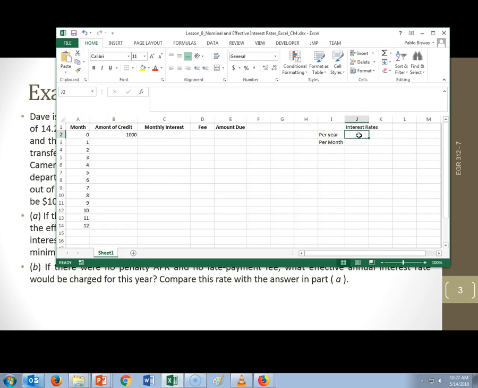First of all, the interest rate he is being charged, let me put those in interest rate: 14.24%, that's the regular interest rate.